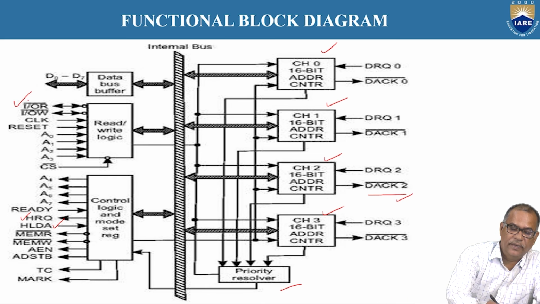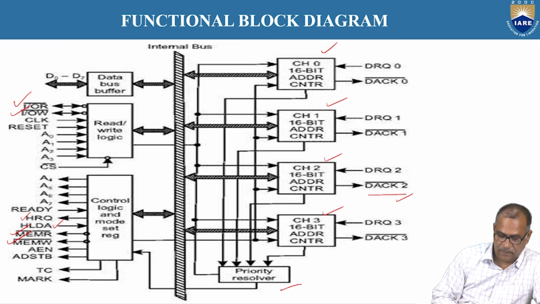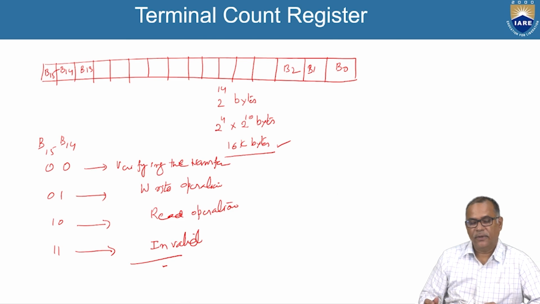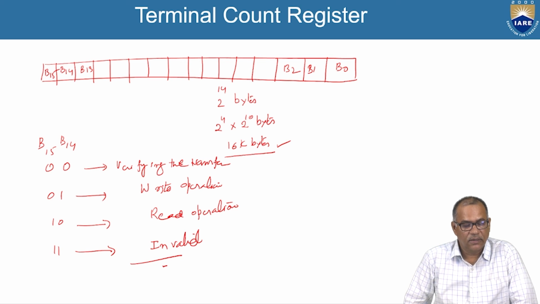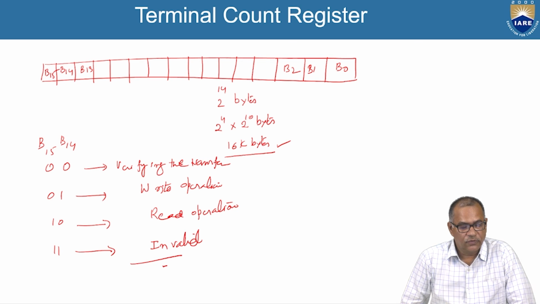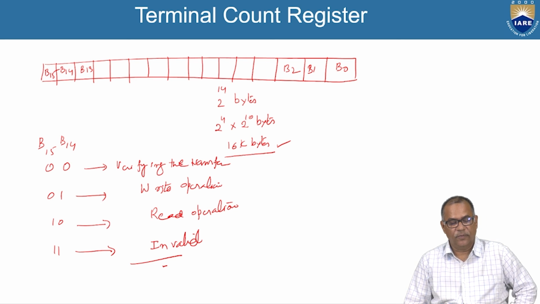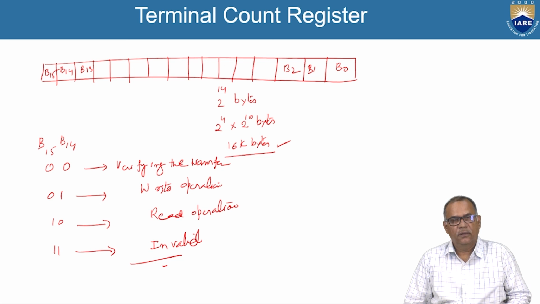We have also discussed the terminal count register, which is used to verify the type of activity, whether it is a verify transfer, write operation or read operation, and you can involve 16 kilobytes of data.